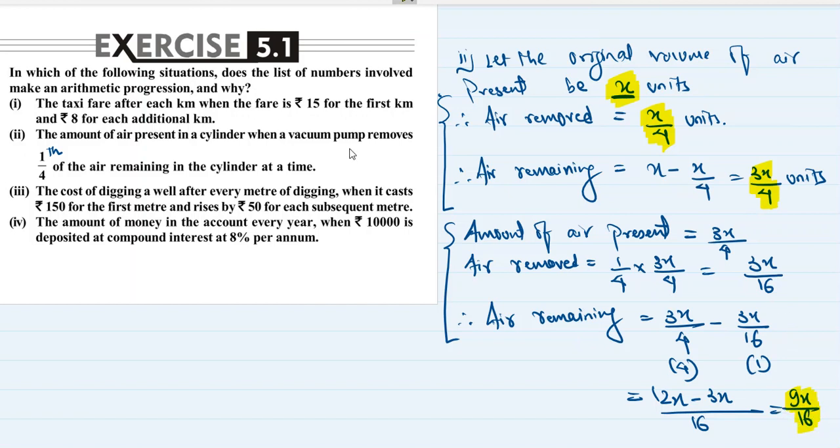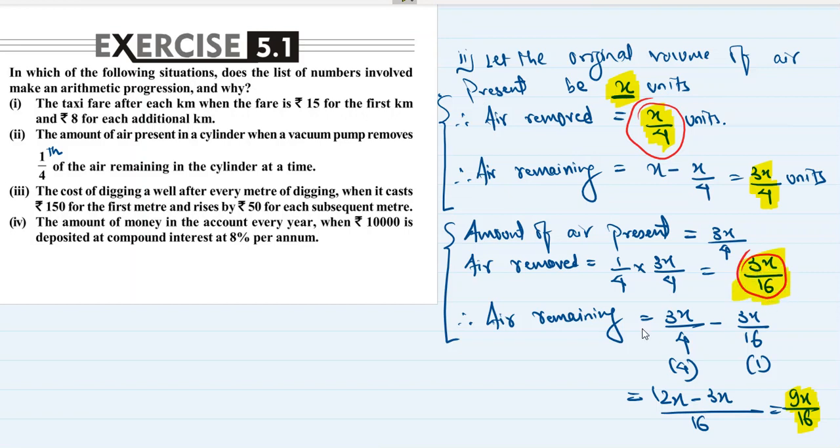You understand this? So what is happening over here? The amount of air removed in each cycle is changing. The amount of air removed would act as your common difference, and the common difference is changing, but that cannot be the case with an AP. In the initial cycle, the air removed was x by 4.